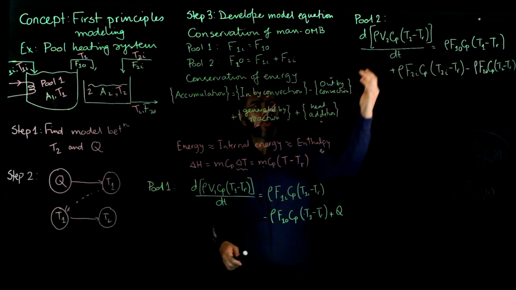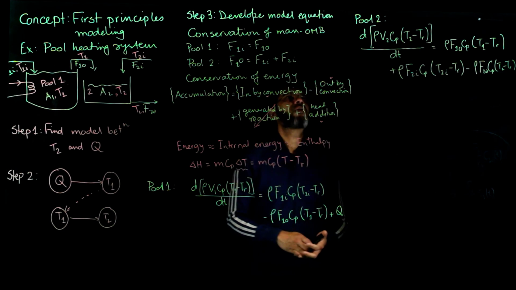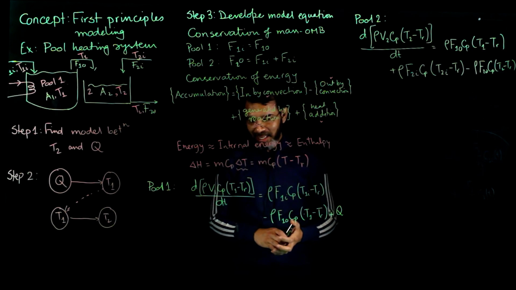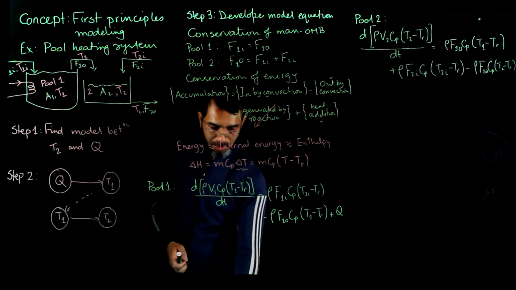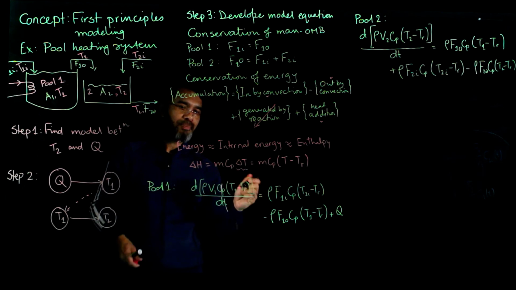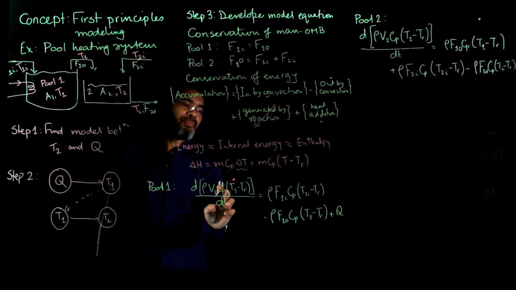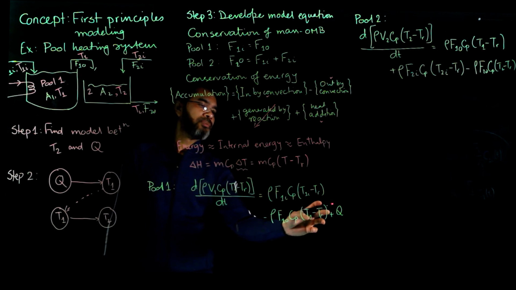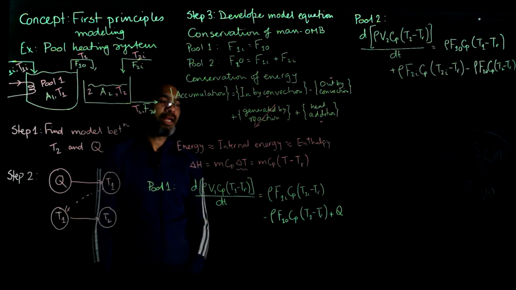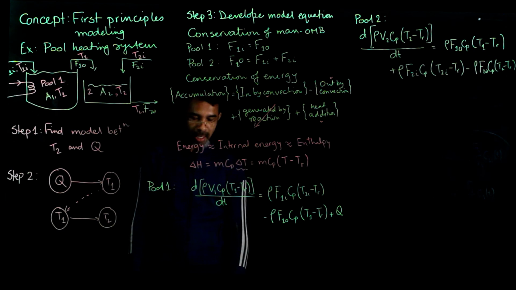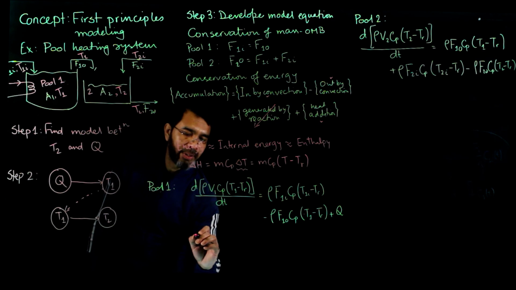Now we have these two equations. If we simplify them, for this one we can get a simplified form, so that we take rho Cp out from each term by dividing by rho Cp.